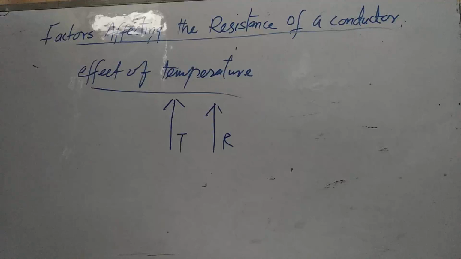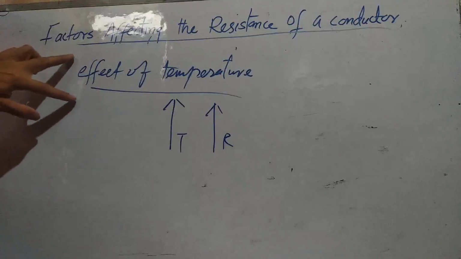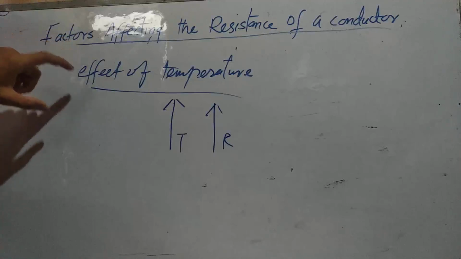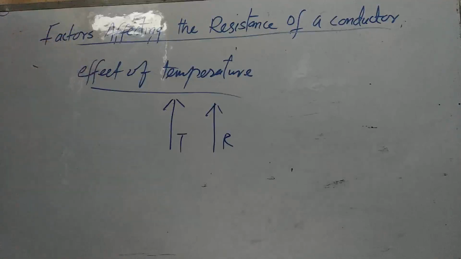So there are some alloys like manganin, constantan, and nichrome which are not affected by the rise in temperature. So generally, if we talk about pure metals, temperature affects them as far as resistance is concerned, and it will increase with the rise in temperature.